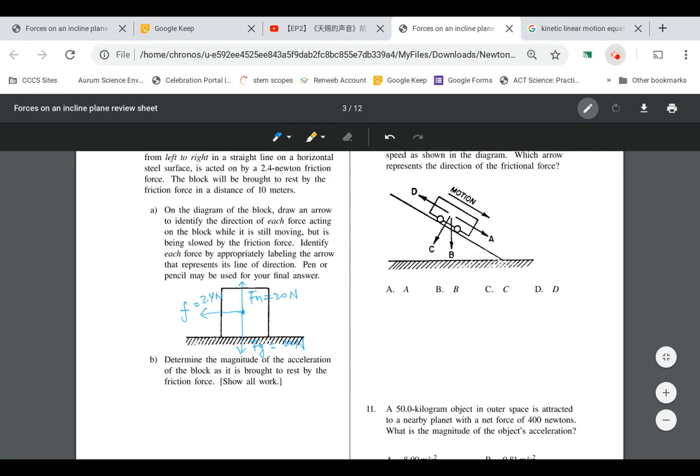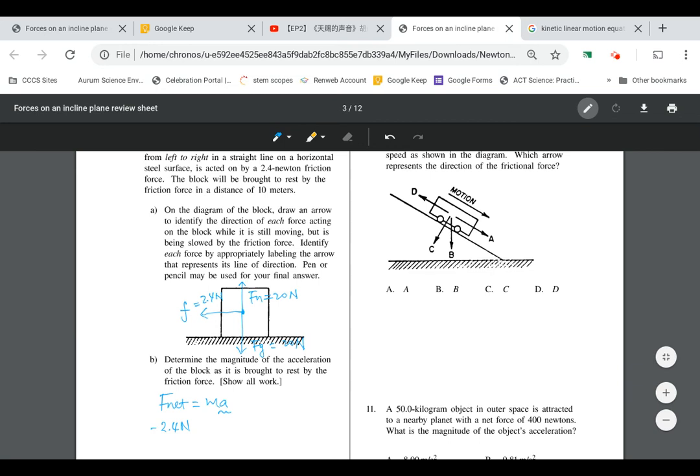Part B. All right, so here we are going to find the acceleration of the block. Still, we're going to look at F net equals ma, and we're looking for a. So based on the diagram we have in part A, our F net is the frictional force, which is negative 2.4 newtons. The reason why we have a negative here is because now we only have one dimension, which is the horizontal forces that we are comparing.